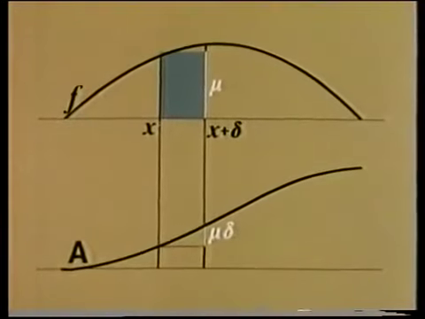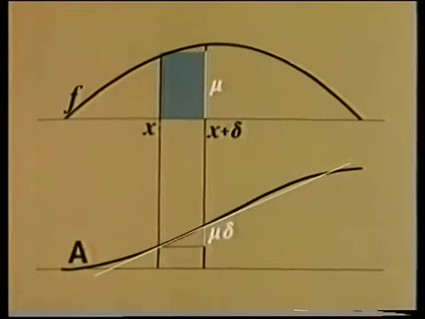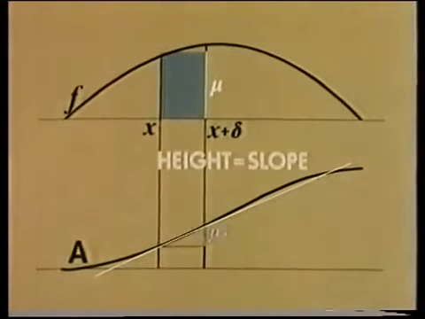Now, what's the slope of the chord? It's mu times delta over the base of the triangle, which is delta. So it's just mu. And that was the height of the rectangular area. So height mu on the top picture gives us slope mu on the bottom picture.